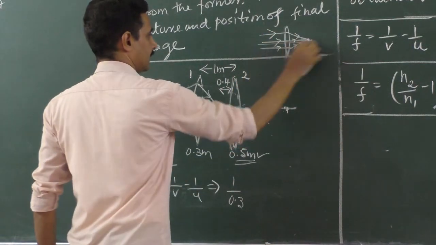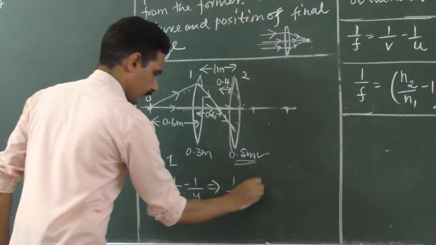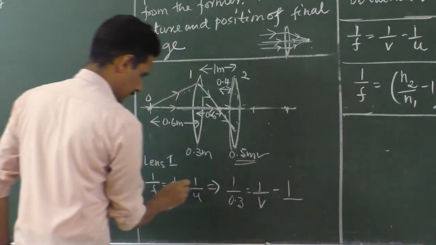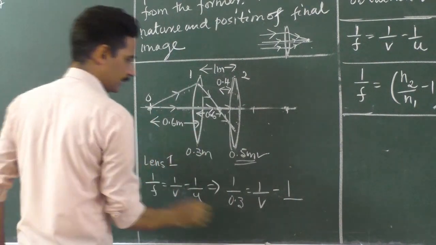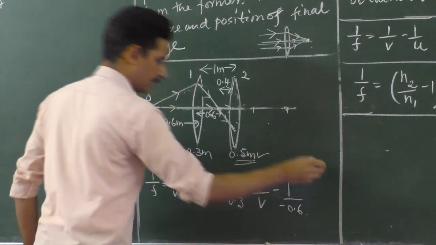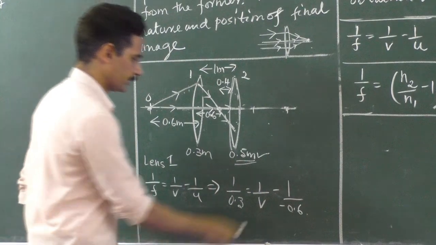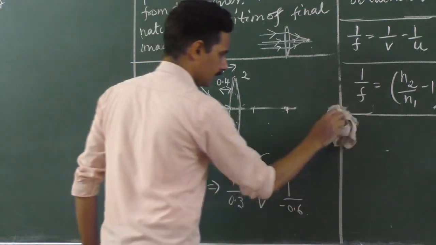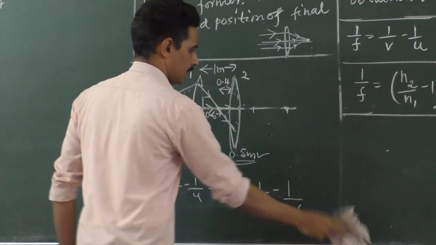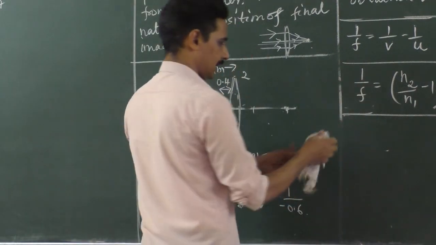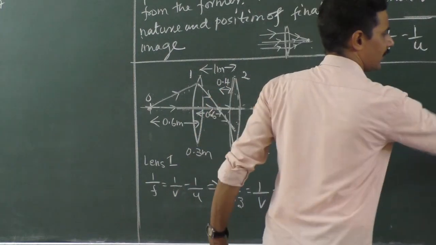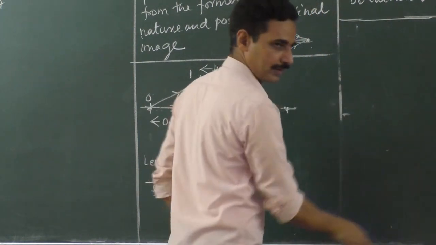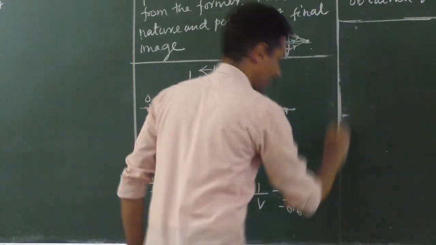If you take the coordinates like this, so 0.3, v we don't know, minus in the formula, minus u is on the left hand side, minus 0.6, right? So if you solve this becomes 1 by plus 0.6, you bring it here. So shall I write it here? Yes. And okay, I can rub the formula, I can use it, because I am very sure that these formulas are printed in your brain. I am very confident that you know all the formulas within your brain.